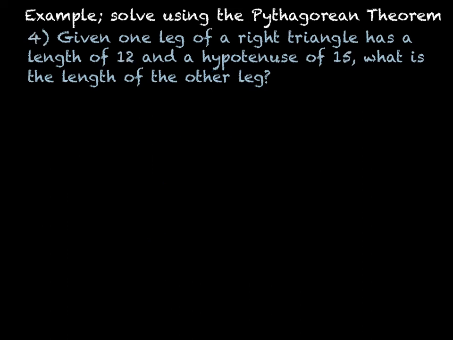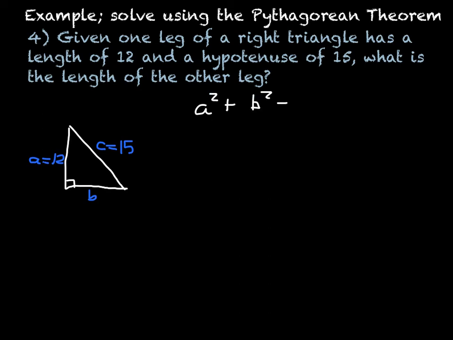For this last example, we are given that one leg of a right triangle has a length of 12 and the hypotenuse has a length of 15. So my hypotenuse, C, equals 15, and one of my legs, A, equals 12. So I'm looking for my other leg, B. A squared plus B squared equals C squared.